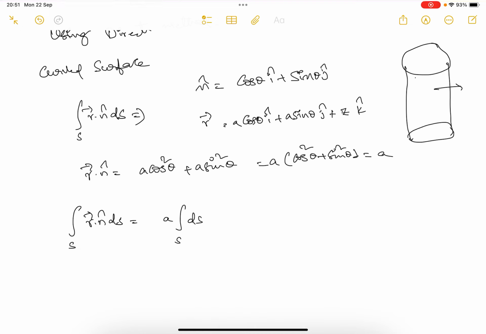What about the curved area? If you are calculating the whole curved area, it will be written as a into the double integral of a dz into d theta.